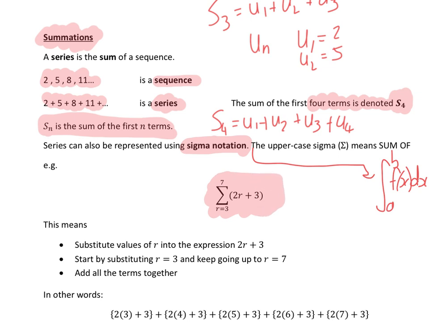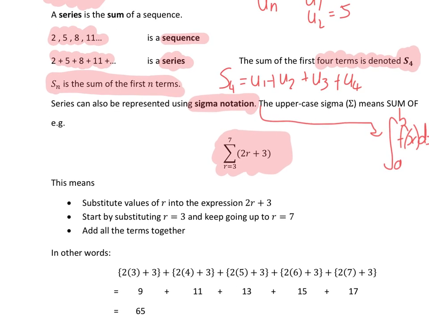And what this means, to work this out, all we do is we sub in values of r, because r is the letter given here. It could have been any letter in the world. They've said r, so I'm subbing in the values of r into this expression. I'm going to start with the bottom number, so r is 3.